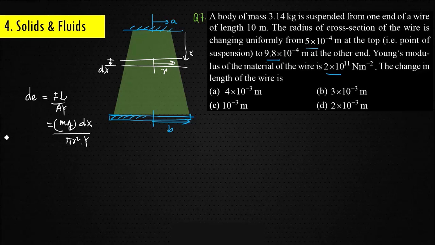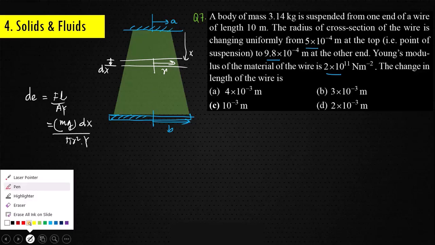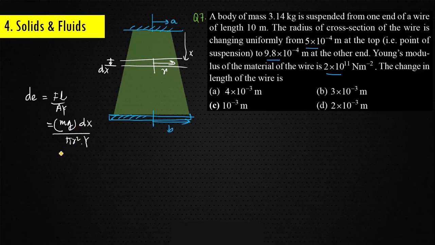So you have to calculate the r number first. How to calculate it? For that you have to use similar triangles. Once I do the similar triangle analysis, I can write that r equals a plus ((b minus a)/L) into x.